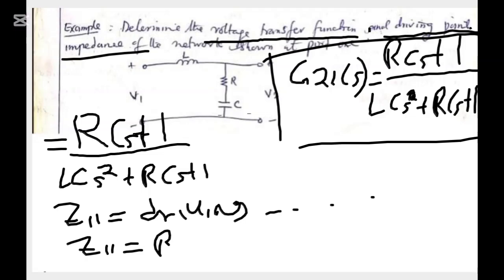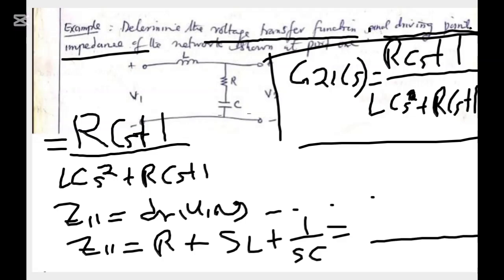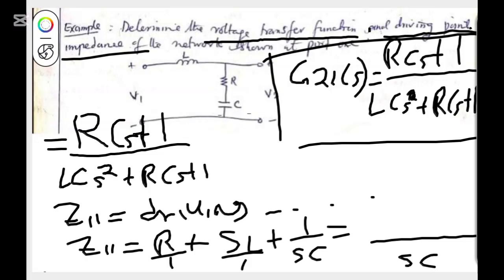It is the same thing as R plus SL plus 1 over SC. If you make this SC your LCM, divided by 1, you will just multiply this SC by this R.